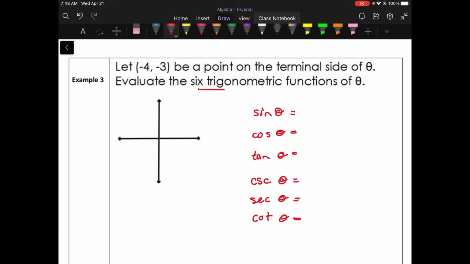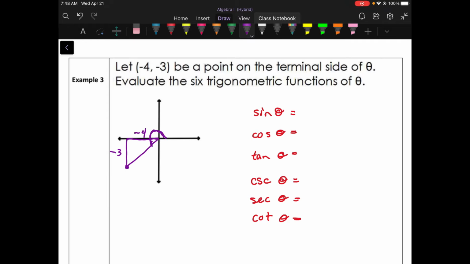Instead of an angle, they tell us we have a point somewhere at -4, -3. So that would be somewhere back here. So we're going back 4, down 3. Okay, so there is our right triangle. We're trying to evaluate this angle right here.